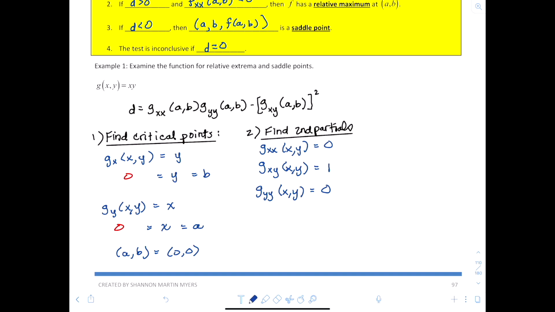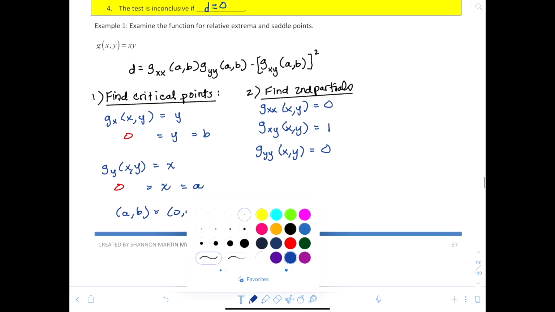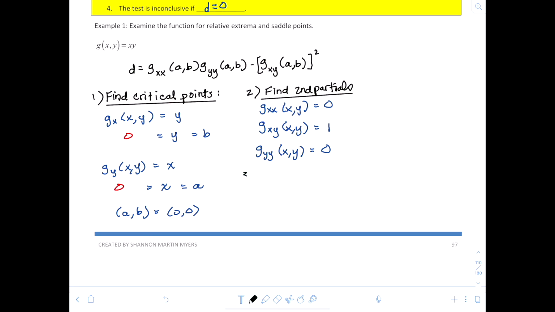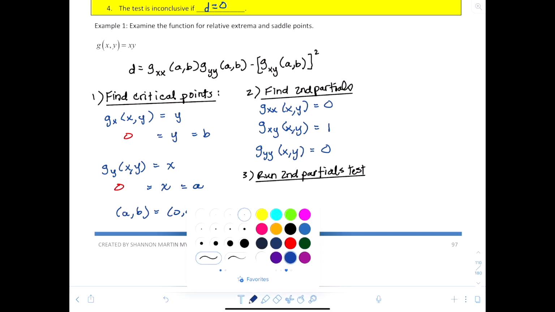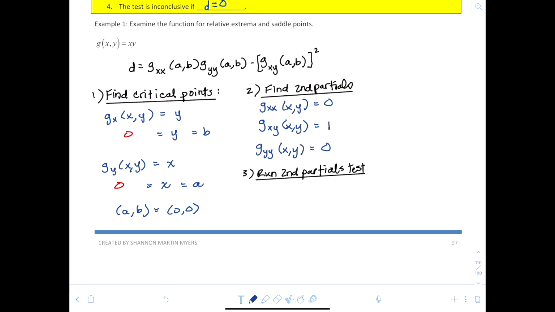So now we run our second partials test. Okay, so when we run our second partials test, that's when we're using the d.